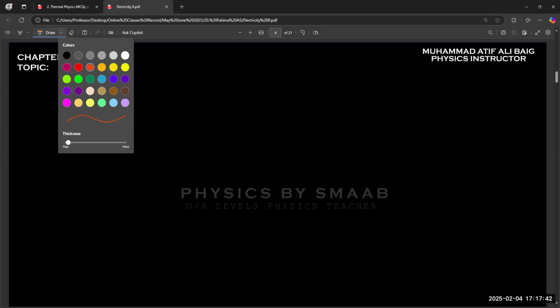And still in the lab, if we want to test a potentiometer, we test with this setup. So according to this setup, potentiometer.